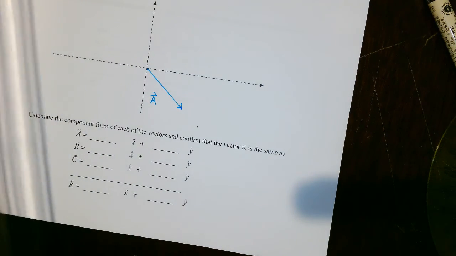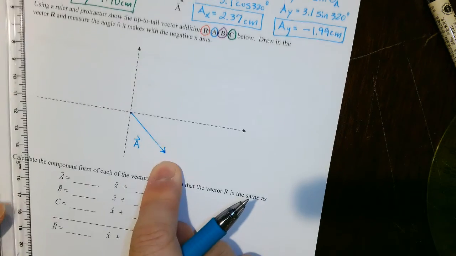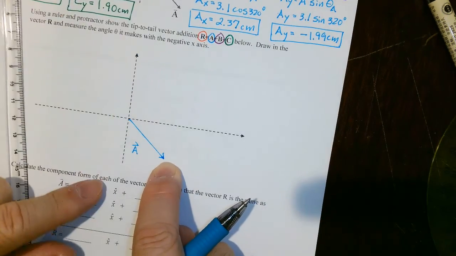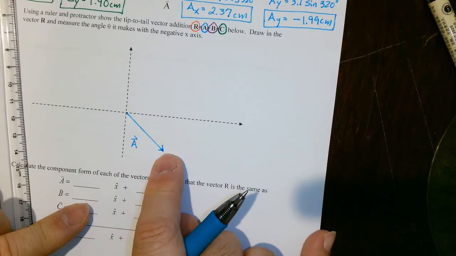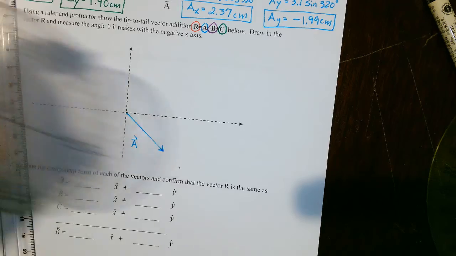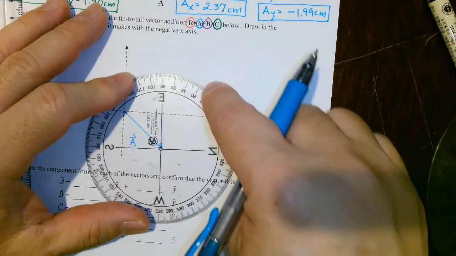And now comes the tricky part. Now I have to measure my B vector, which is 56.5 degrees, from this tip. But it's really hard to get exact because 56 can be all over the place, right?